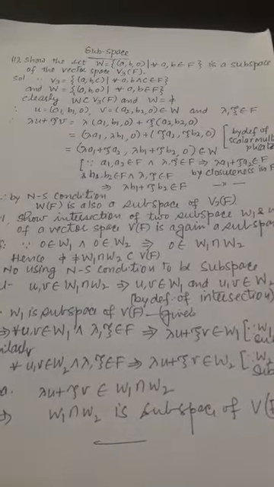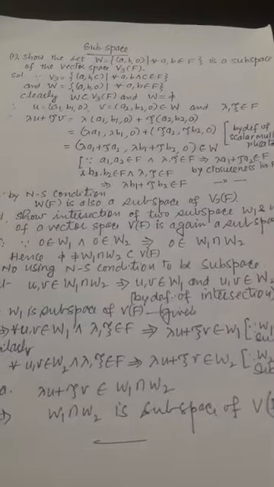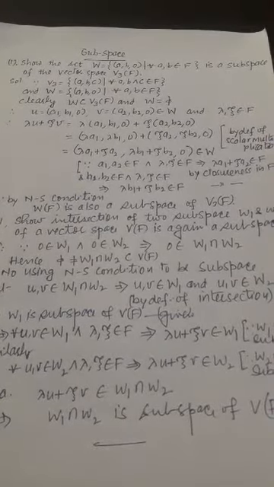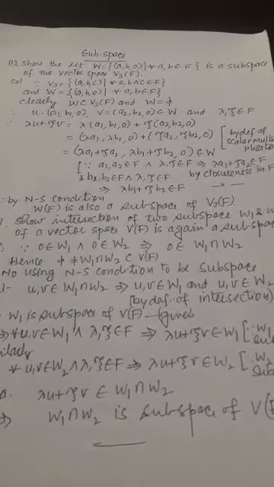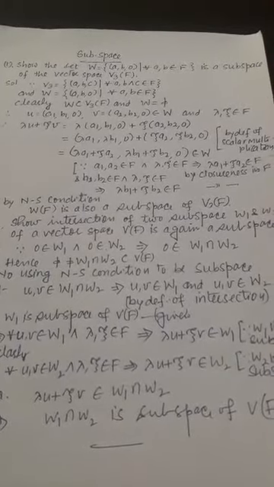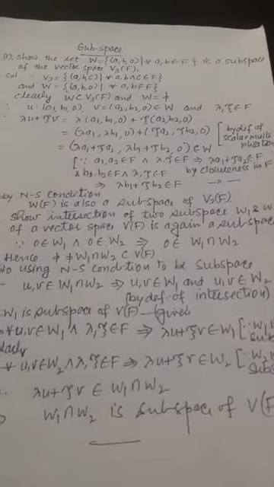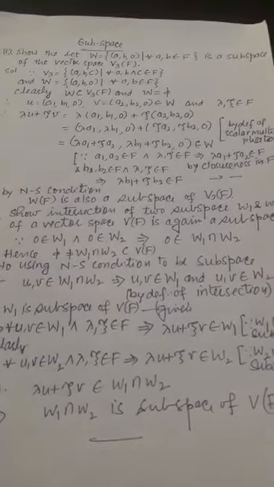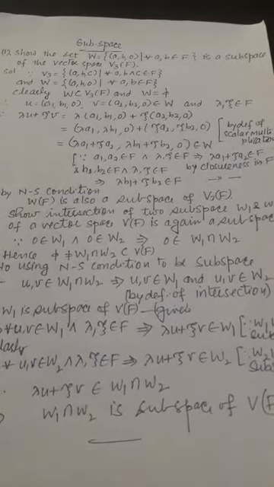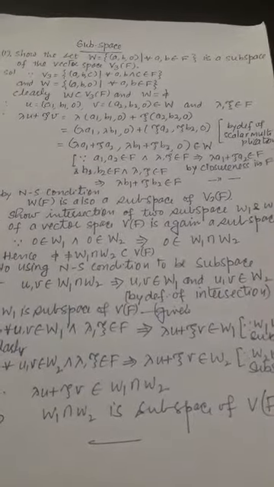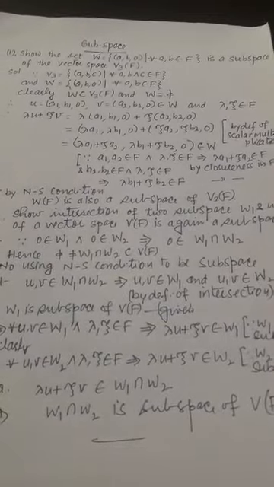Multiplication is closure as well as plus operation is also closure. Hence we can say this element is contained in W. So we can say that this set W is a subspace of V3 by the NS condition.